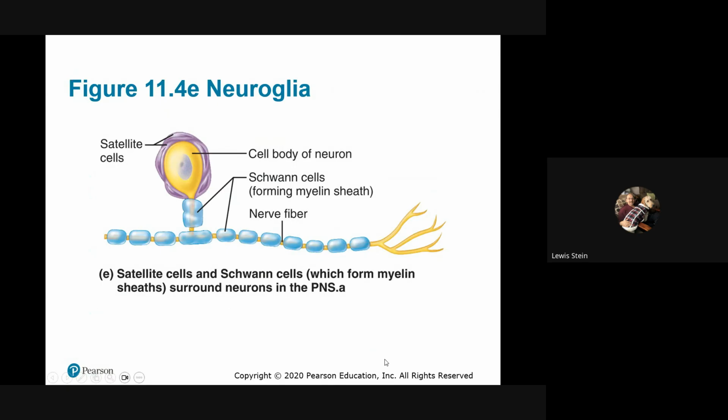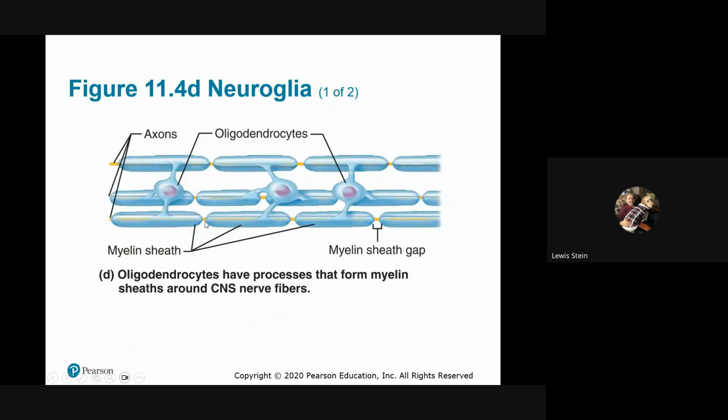The Schwann cells are the companion cell in the peripheral nervous system of the oligodendrocyte. Each of these is a Schwann cell. And what you see here, these are called sheath gaps. Fifty years ago, they were called something entirely different, and when you see some of the animations, they're going to use this terminology.